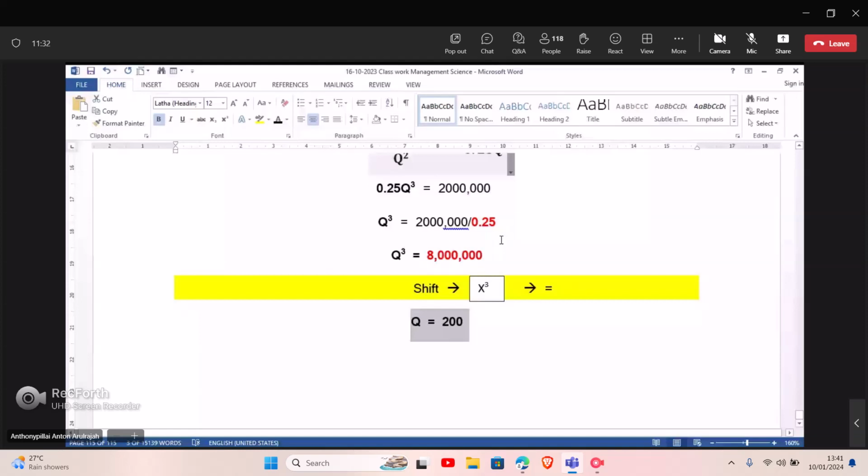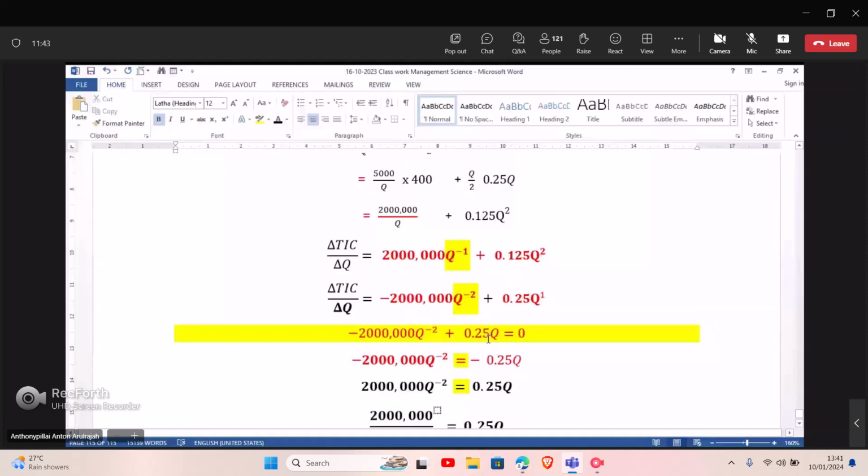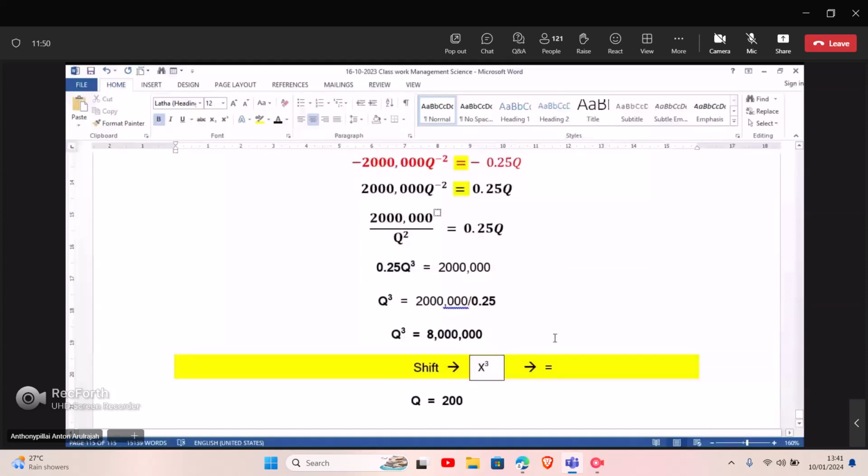Okay. Are you okay? Is the answer the same or a different answer? Okay, sir. Right. Okay, 200. Now you say you have found the Q. Now you can find the total inventory.